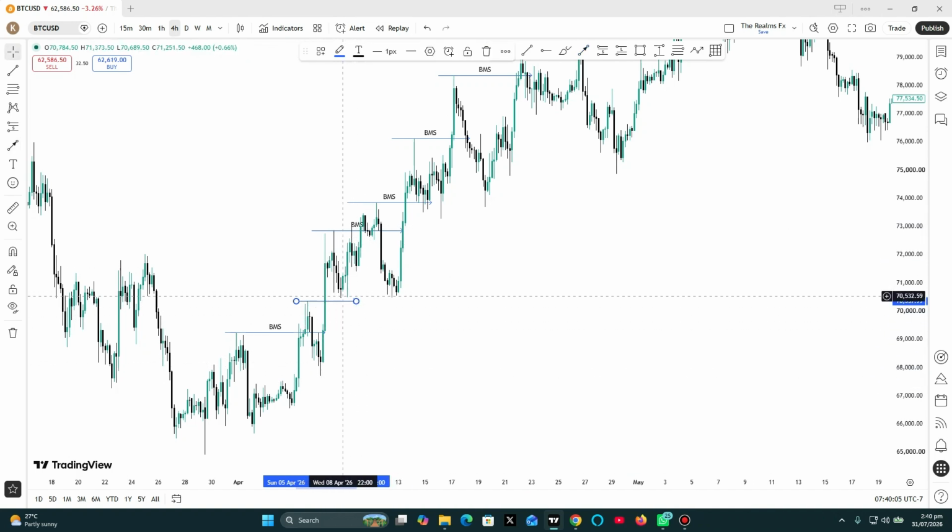It pulled back for a bit, went up, broke this particular swing high, came back to retest the zone, and then kept going again, broke this level, came back to retest, broke this level, came back to retest, and then kept on going. That's basically how the BMS works, and it is one of the ways that people are able to catch trades when the market is continuing its existing trend.